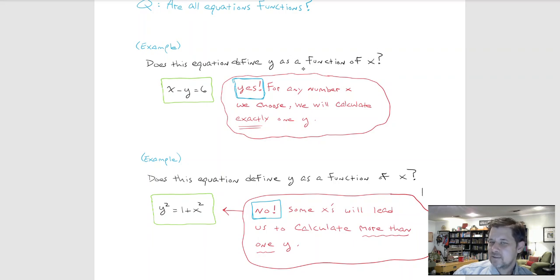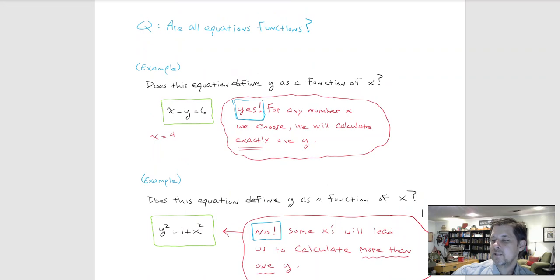That every x gets paired with one and only one y? So in this equation, it turns out to be true that yes, for any number x that we could possibly plug into this equation, we will calculate exactly one y. Let me show you how. Now I have to pick a number just for the sake of illustrating this, but what if I let x be 4? Okay? What y value gets paired with this according to the equation?